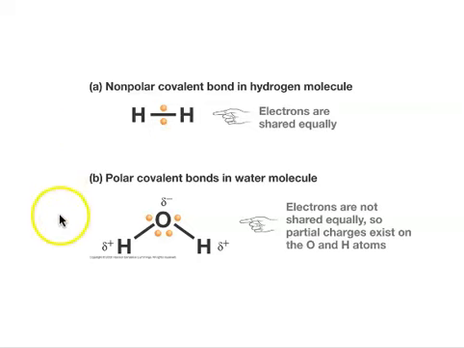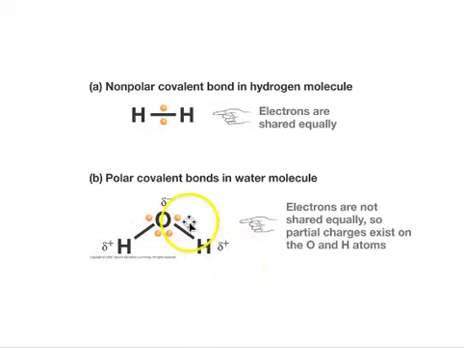Now, in comparison, at the bottom we're looking at a water molecule. There's one oxygen atom and two hydrogen atoms. We've got a covalent bond here and a covalent bond here. Now, when we compare the electronegativity of oxygen and hydrogen, they are quite different. The oxygen atom has a high electronegativity, and the hydrogen atoms have low electronegativity.